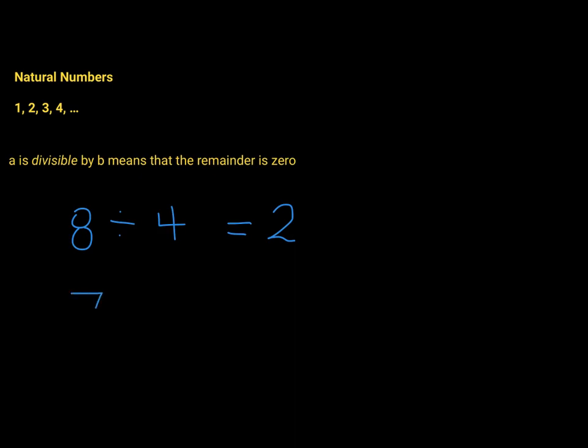That's different than saying 7 divided by 4. 7 is not divisible by 4. Why not? Because when you divide 7 by 4, you get 1 with a remainder, a remainder of 3. The fact that the remainder is not 0 means that 7 is not divisible by 4. 8 is divisible by 4 because the quotient is 2 with a remainder of 0.